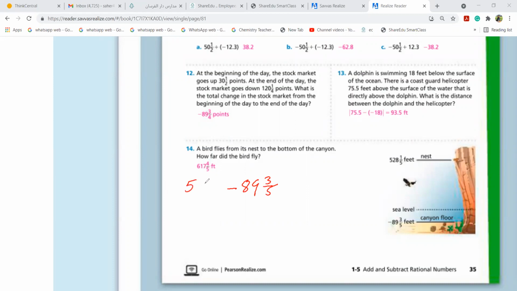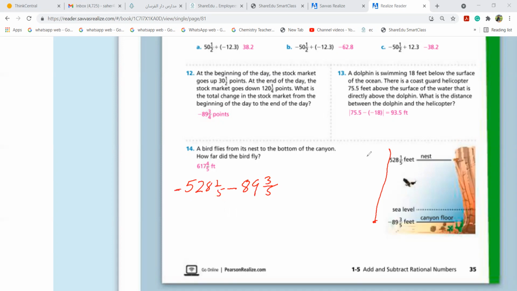Okay, so 528 and 1/5. All right, but see, they're asking you how far did the bird fly? Bird fly from here till there. So of course you need to add both of them.